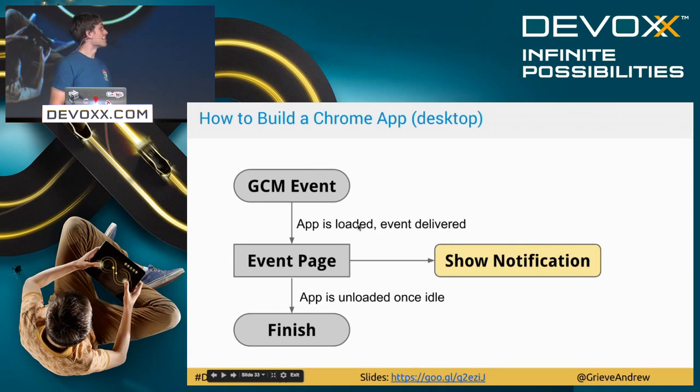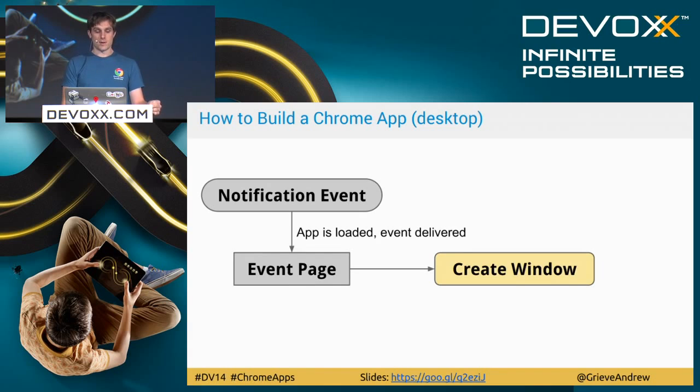So in our example here, the GCM event is received, the app is loaded, and the event page is loaded, and the event is delivered there. Maybe it doesn't want to show a window, maybe instead it just wants to show a notification. Okay, so it shows a notification. And then once the app goes idle, we actually close the app. The notification's still there because that's an OS thing, but the app is actually closed.